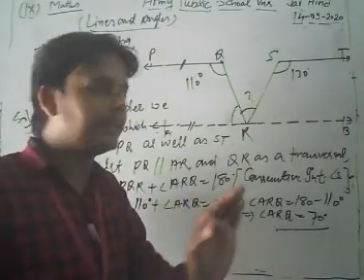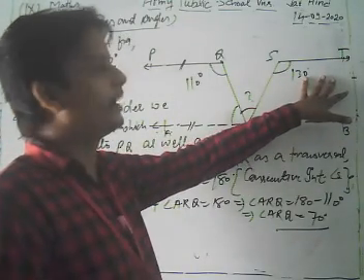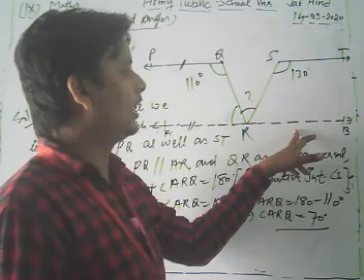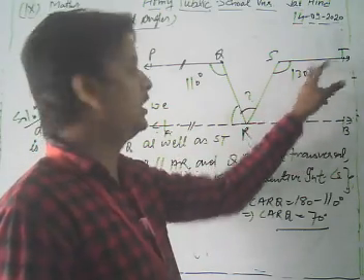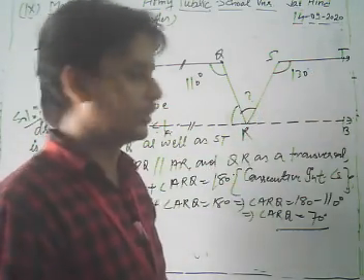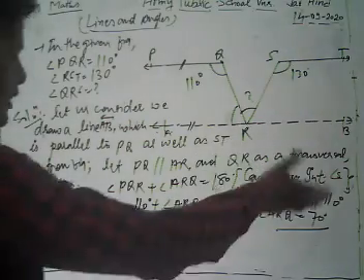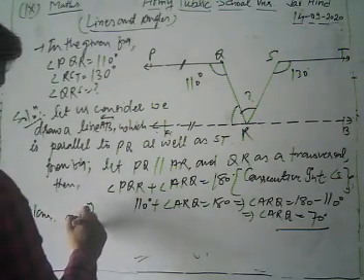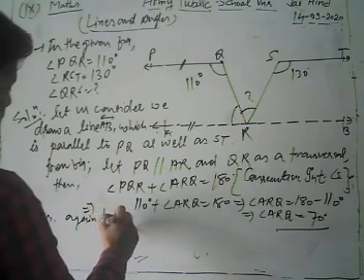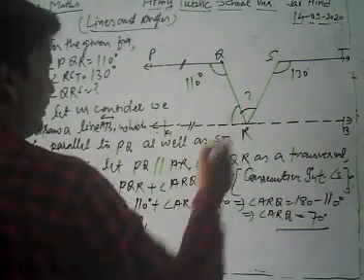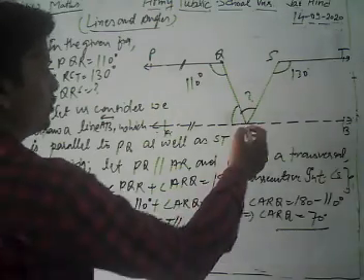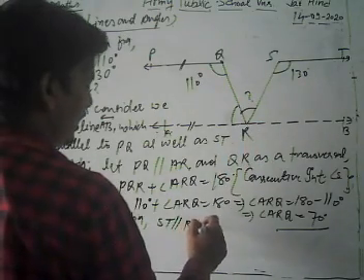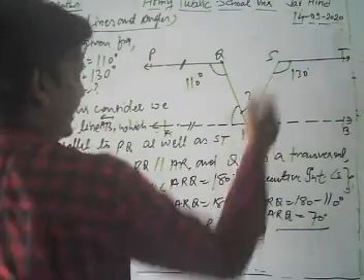Now similarly, we take RB parallel to ST and RS as a transversal. Again from the figure, ST is parallel to RB and RS is a transversal.